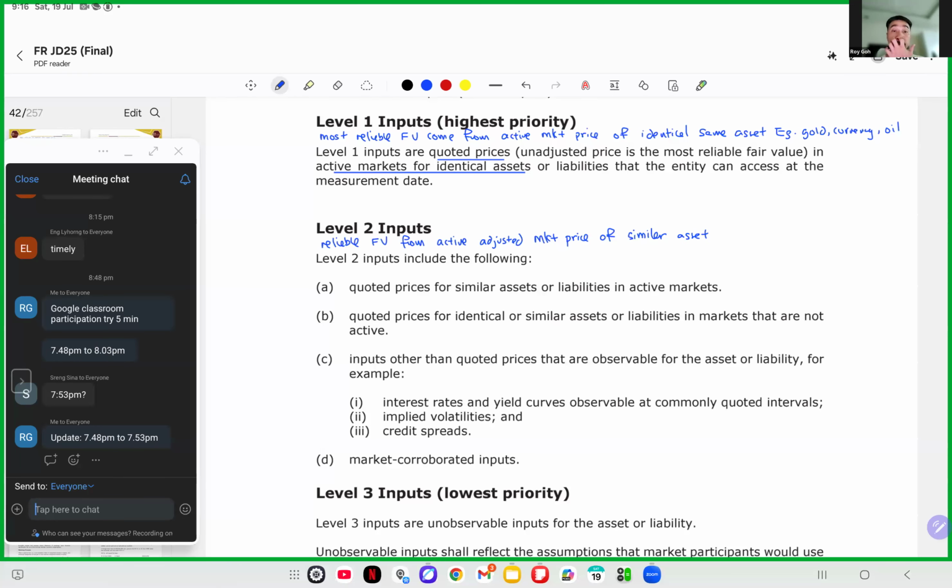What do you mean by a similar asset? It says here, quoted price of a similar asset. Not identical, but similar. Example: houses, properties are similar but not identical, right?